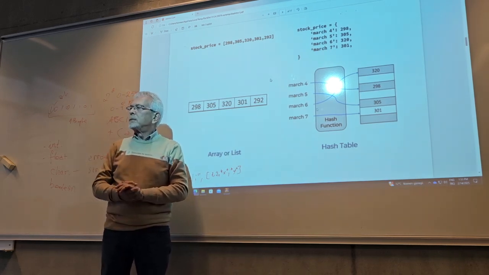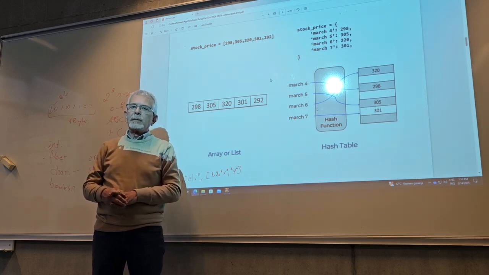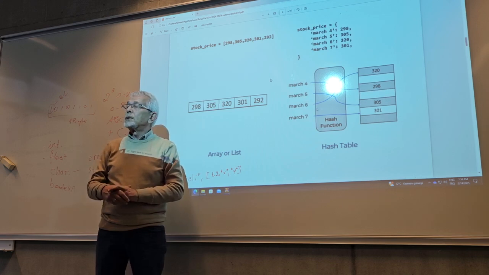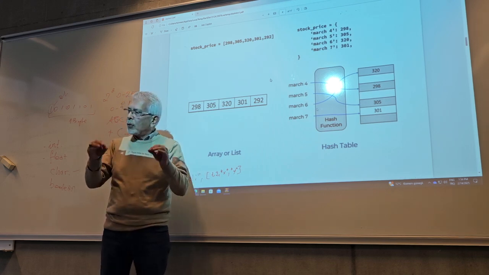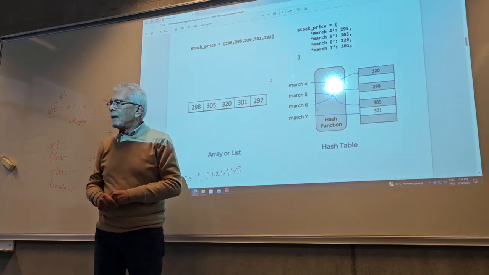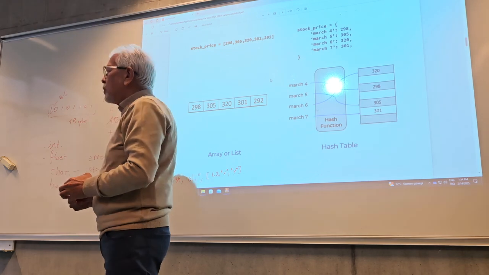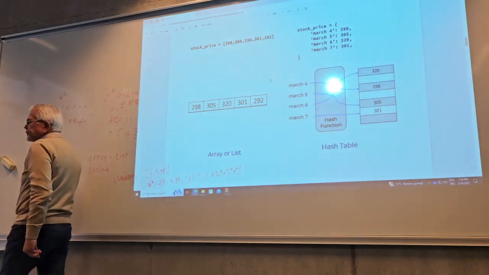Try it. Read it and try it. No additional dictionary library or something is required. That data structure is already in the Python language, so you can use it with your Python interpreters, right?